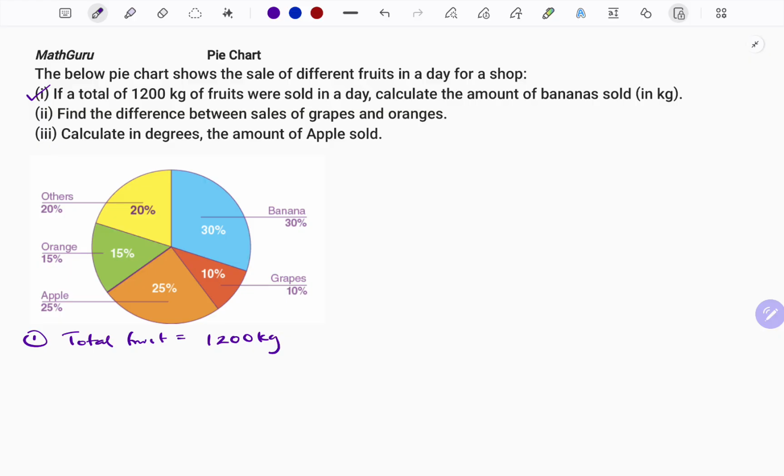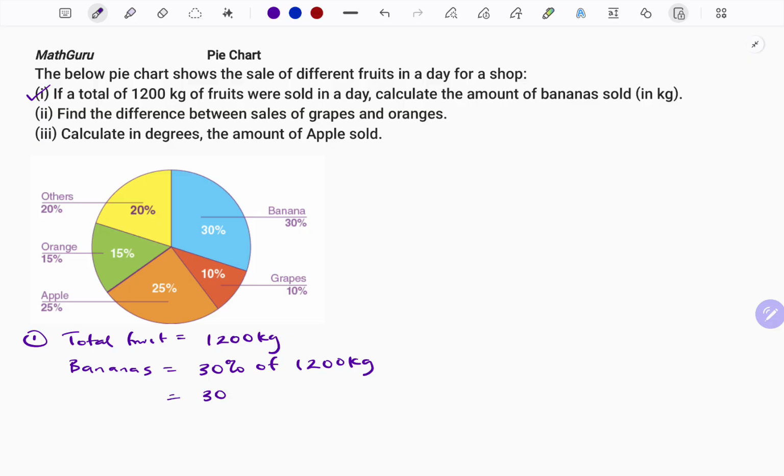So therefore, if I go back to the chart to calculate the amount of bananas sold, the percentage given is 30%. So all I need to do is to find banana equals 30% of the total amount sold, 1,200 kilogram.